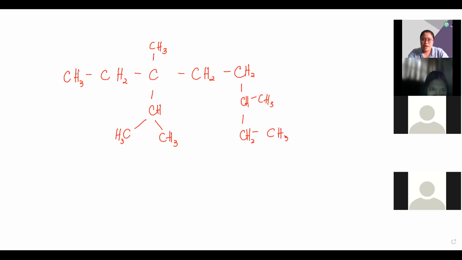Again, in naming, we don't include in the arrangement the prefixes. So even the tert and the, what I call the other one, the sec, we don't include that one sa alphabetical arrangement. So you go back with the methyl, butyl, ethyl, and so on. Sige, kayo muna and then later. Check natin.